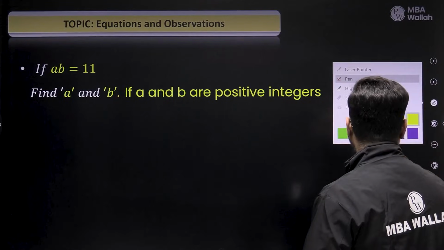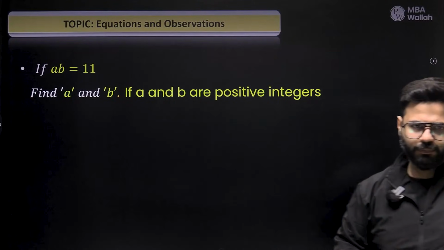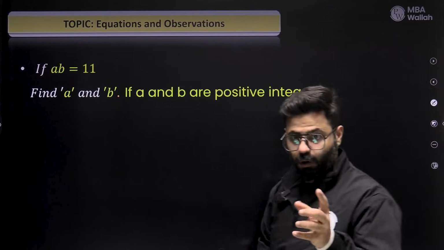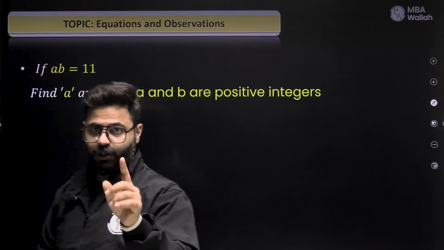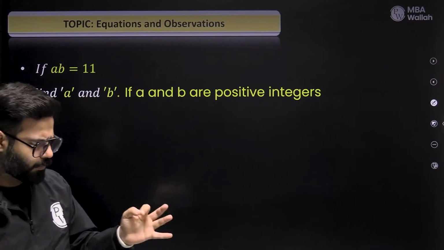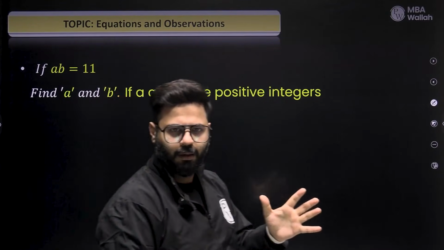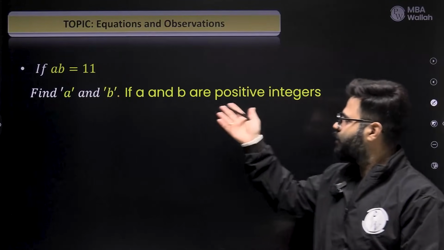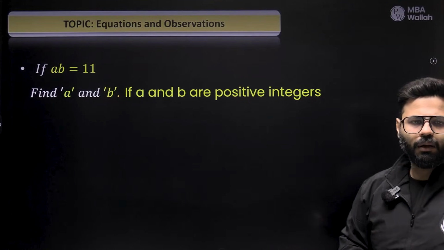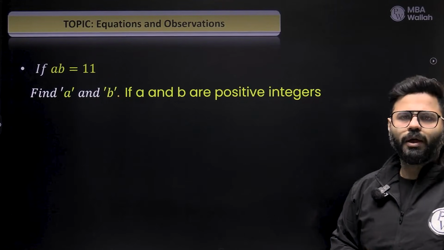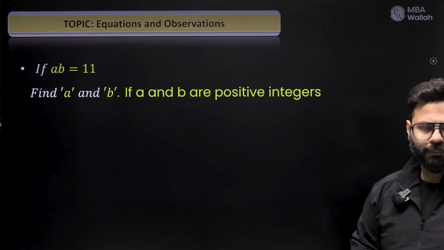So once we have a statement like this, we should start thinking, all right, there is some extra information, that they are positive integers. Something has to be done. Otherwise, why would they just add a line? Not just to make the question look big. This is not an RC.